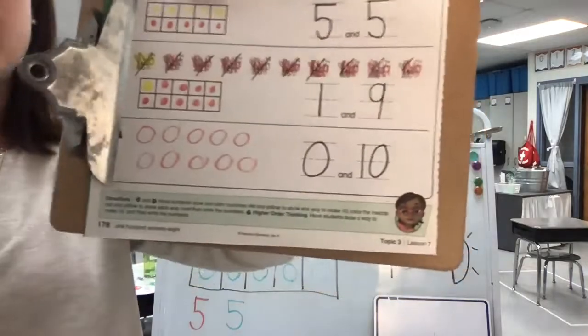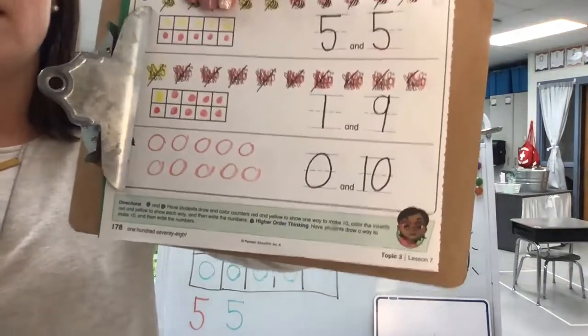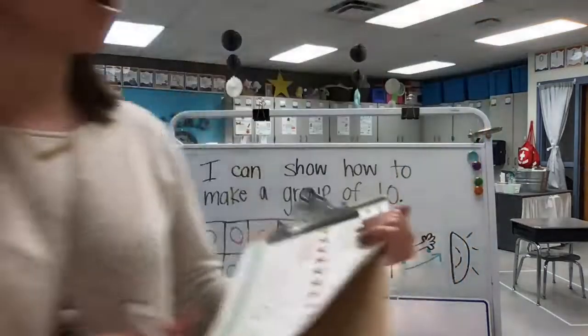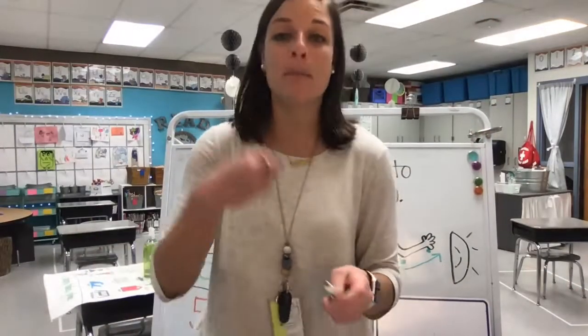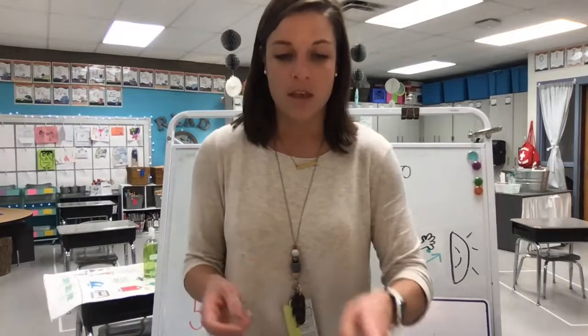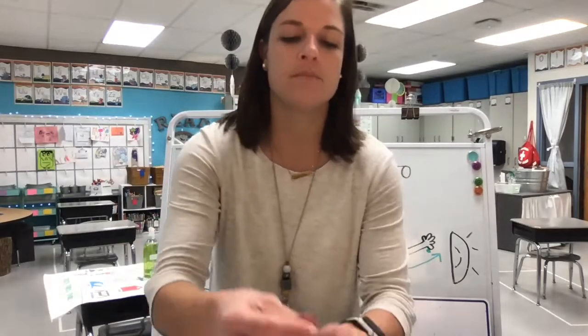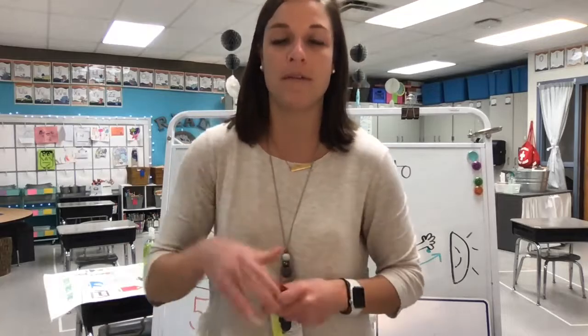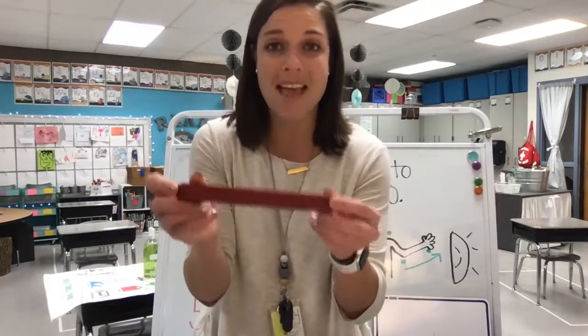So another way to make 10 is by having a group of 0 in one color and a group of 10 in another. So if your grandma says, I had 10 cookies, but she decides to keep them all for herself to eat them, then she gives you and your brother 0, right? So if I have a group of 0 green and 10 red, I still have 10 altogether.